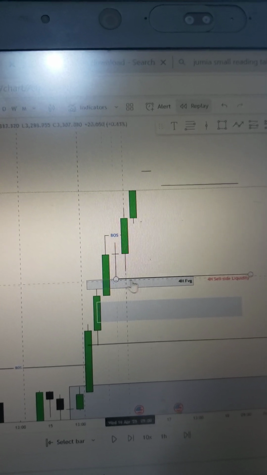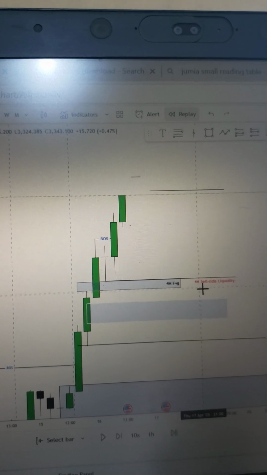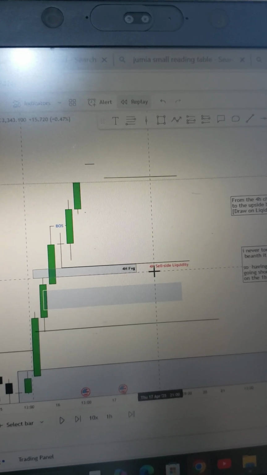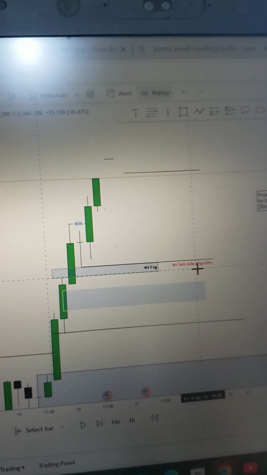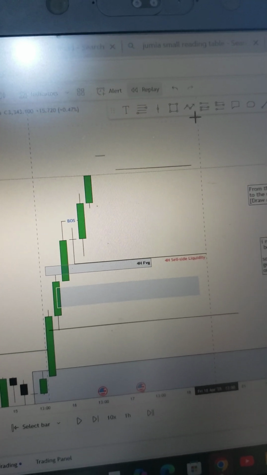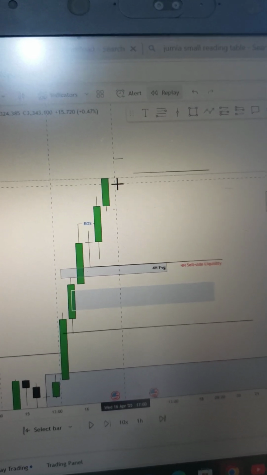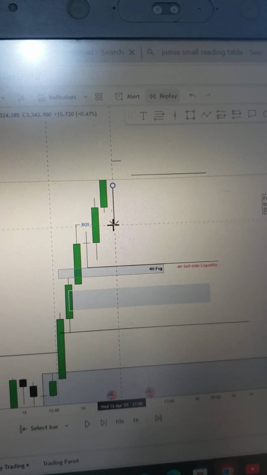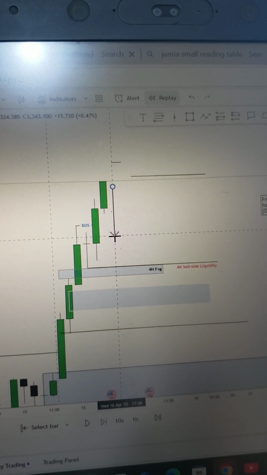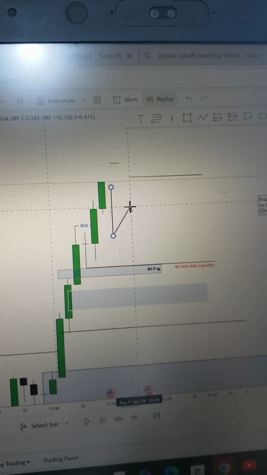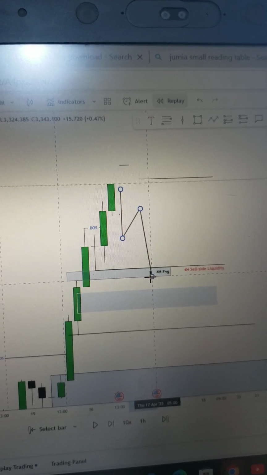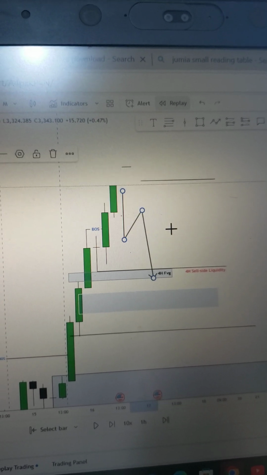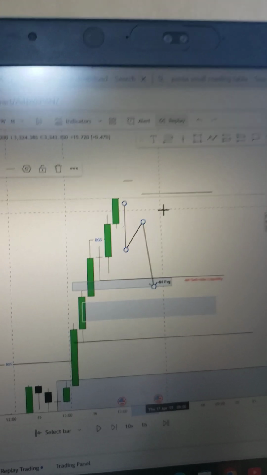I consider these two as relative equal lows, so I highlighted this as 4H sell side liquidity, because it's liquidity on the 4-hour time frame. So I knew quite well that price could come down like this, react to the fair value gap or that block, and go back up to take this liquidity and go wherever it wants to go. So this could likely happen.